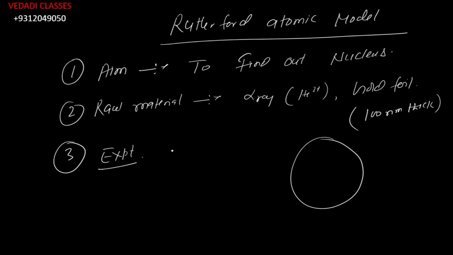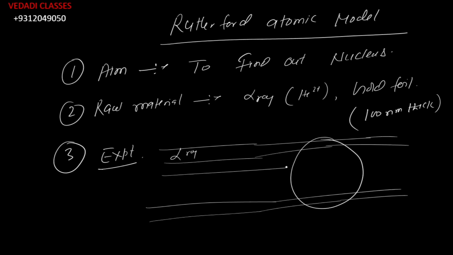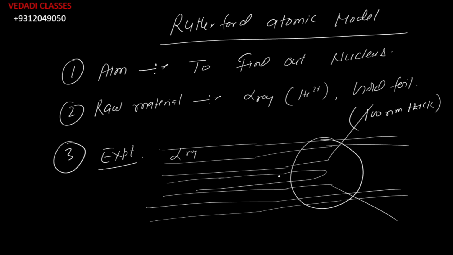As he bombarded alpha ray, most of the alpha ray passes through the atom, just like this, without any disturbance. A few alpha rays pass with some angle, and 1 out of 20,000 alpha rays reflects back on its own path.